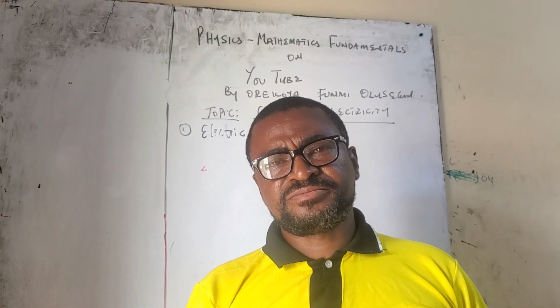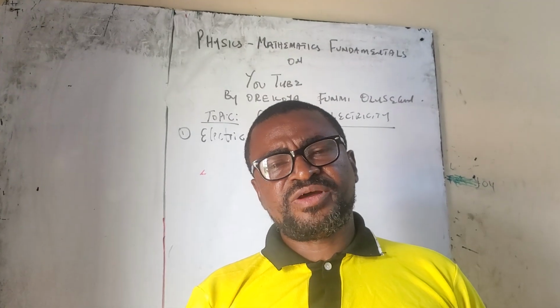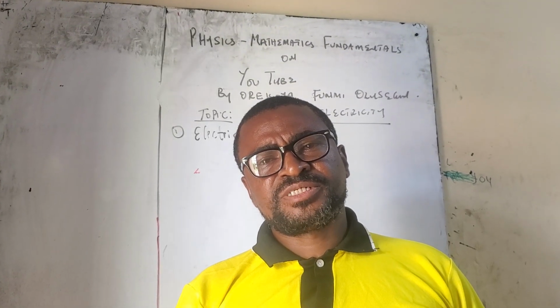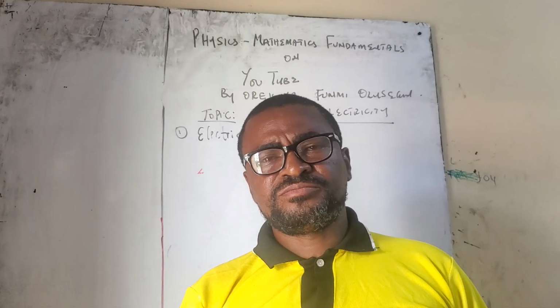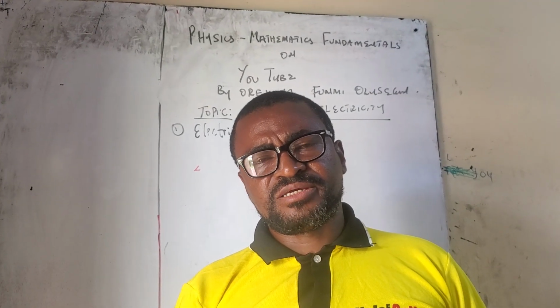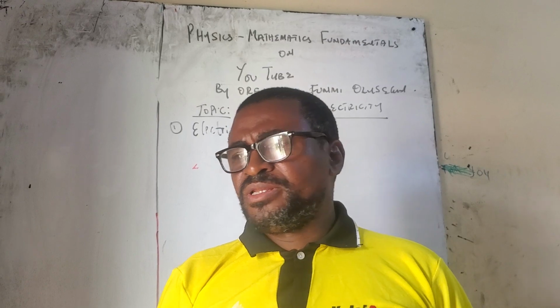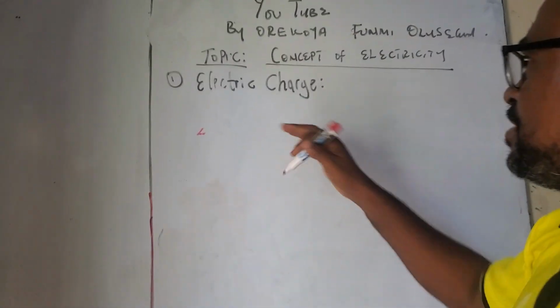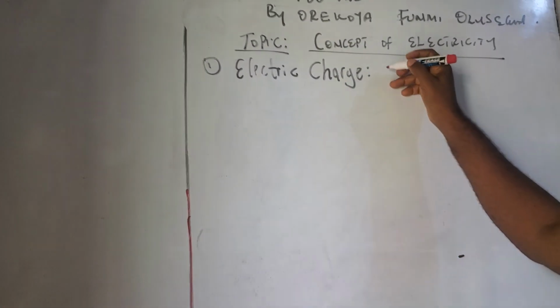What is a charge? A charge is defined as the property of matter that determines how it will behave when placed in an electromagnetic field. Now, let me write this definition again.